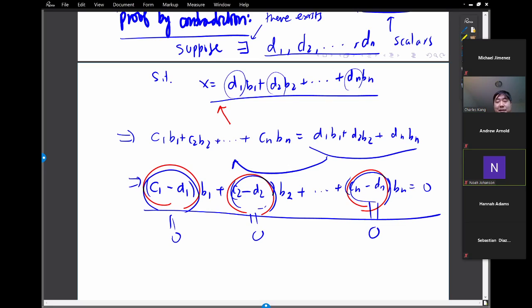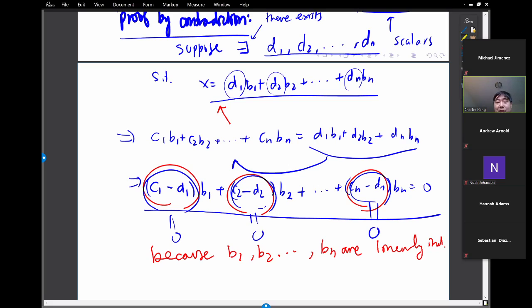Because b1, b2, ..., bn are linearly independent. This is by definition. Therefore, c1 must be d1, c2 must be d2, up to cn must be dn, for the coefficients to be 0.